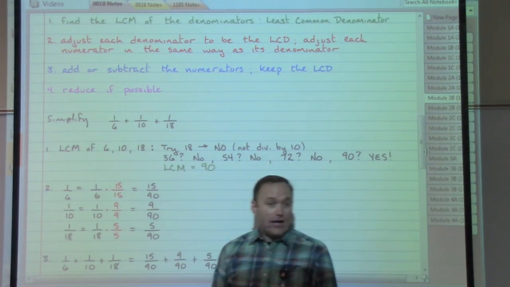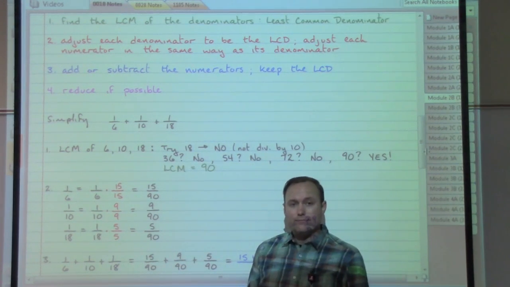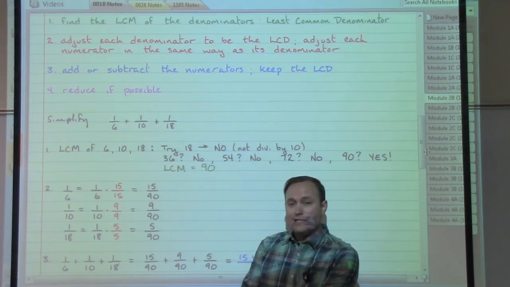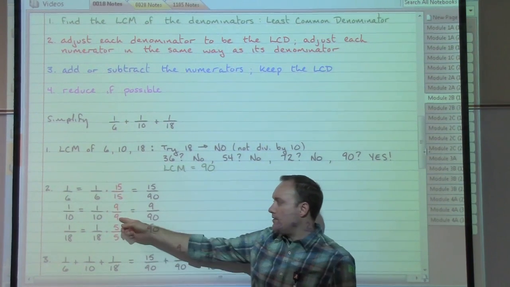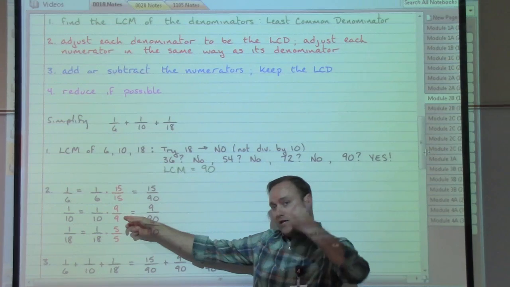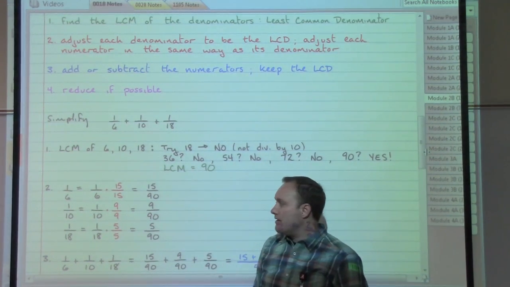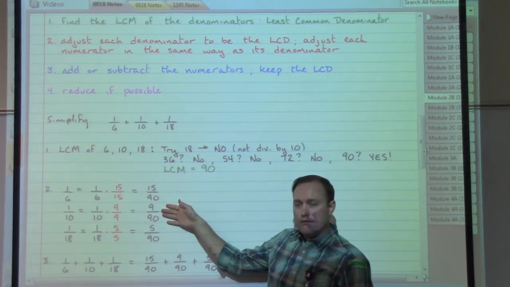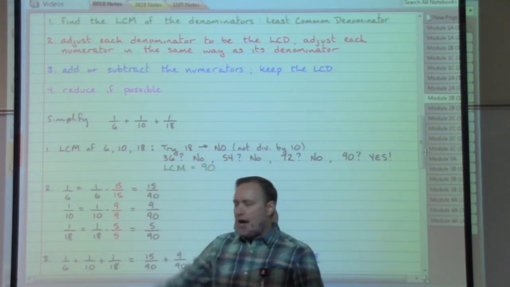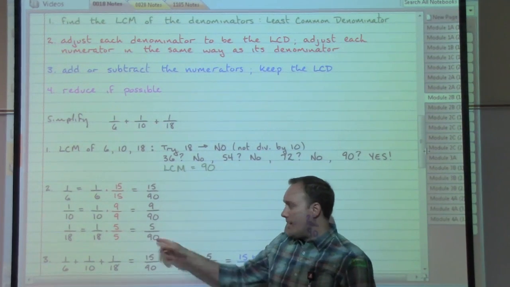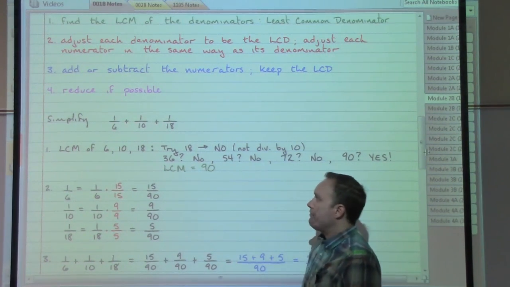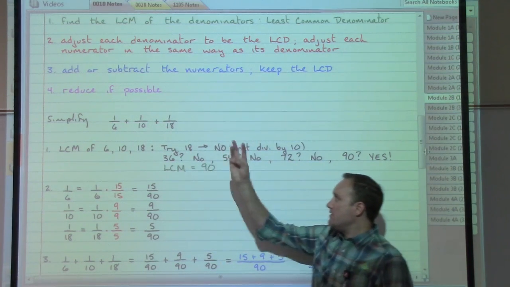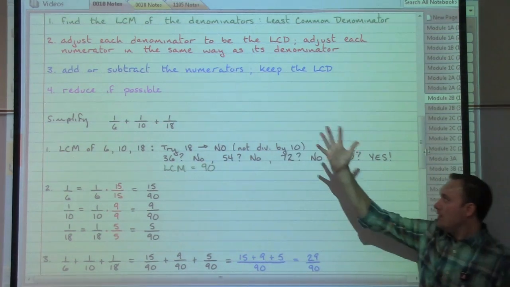Second fraction has a 10, need a 90. 10 goes into 90 9 times, so I need a times by 9 on the bottom, and what I do on the bottom, I've got to do up on the top, so a times by 9 on the top gives me a 9 over 90. And the third fraction has an 18, I want a 90. Let's not forget that we just went through 18, 36, 54, 72, 90.